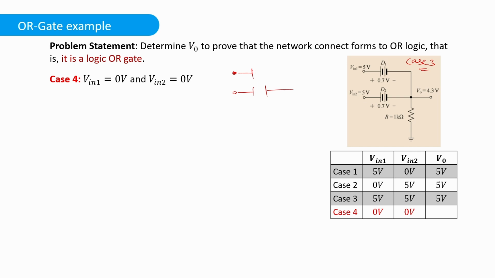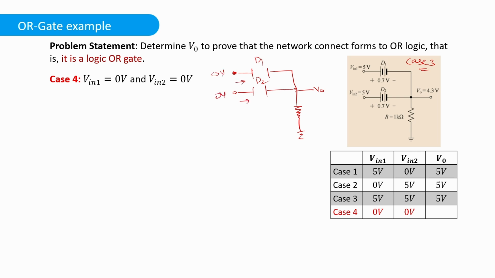Okay, so the thing is, this will be open circuit. This is D1, this is D2, common terminal, and grounded. Sorry, it goes to the resistor and then grounded. We have to calculate the output voltage over here. If there is no input voltage, there will be no flow of current.